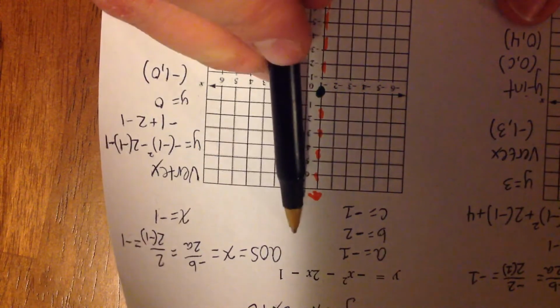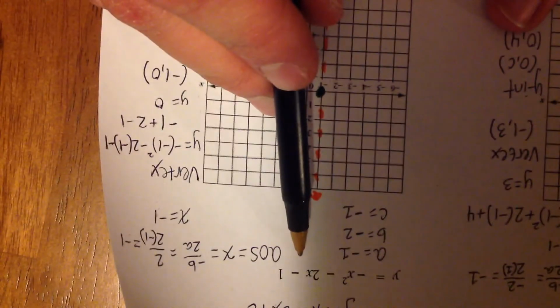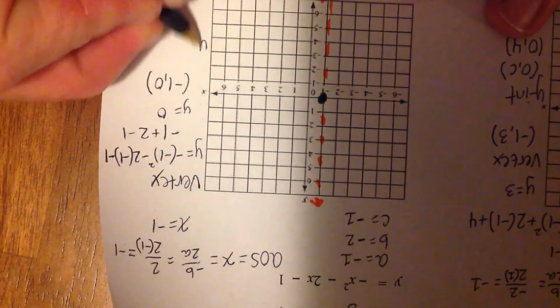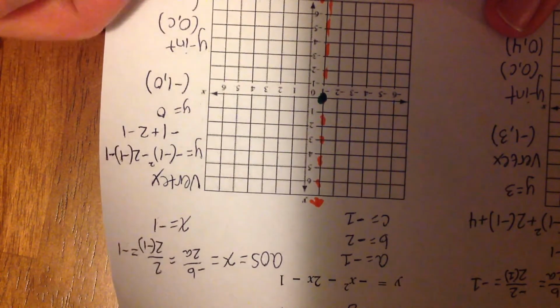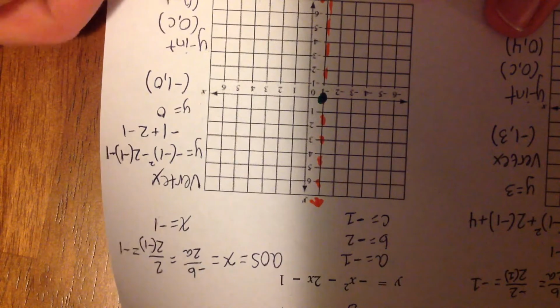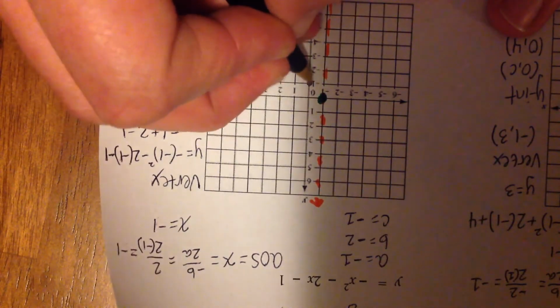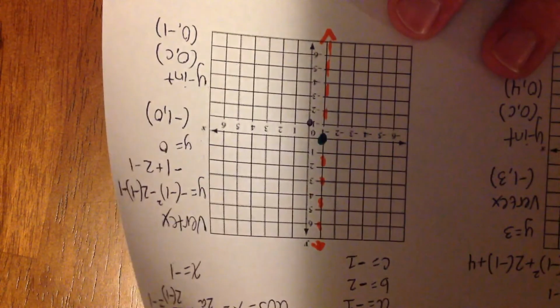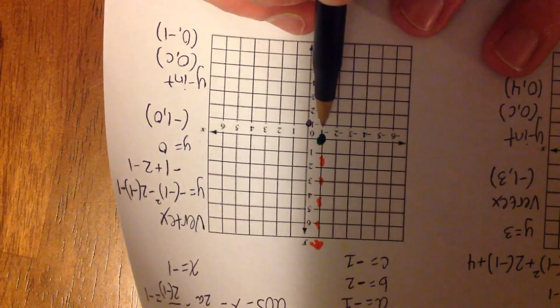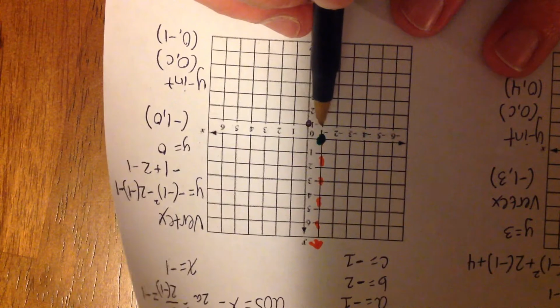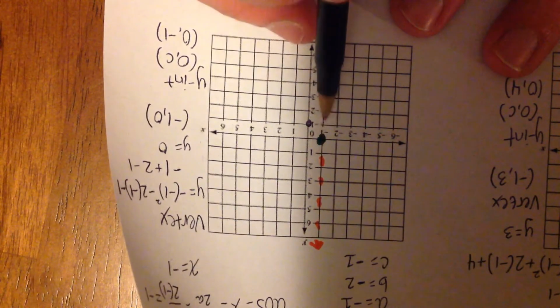Now, my y-intercept is 0 comma c, and my c happens to be -1, so it's 0, -1. So right here, 0, -1. And again, everything over here will be equidistant to everything over here. So this is my mirror image, my mirror right here.